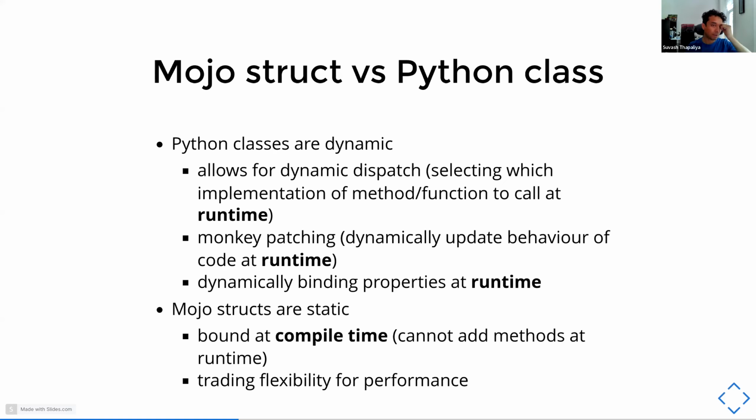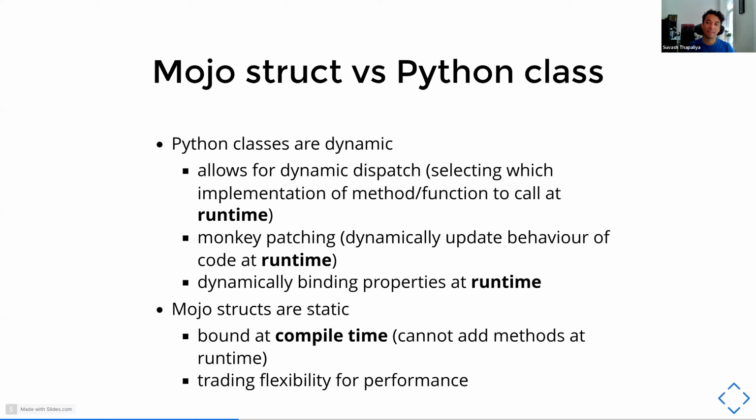All right, so Python classes allow for dynamic dispatch, monkey patching, changing things, basically very runtime things. And you see, I've bolded the runtime things. Python classes are all about doing things at runtime. Mojo structs are static.